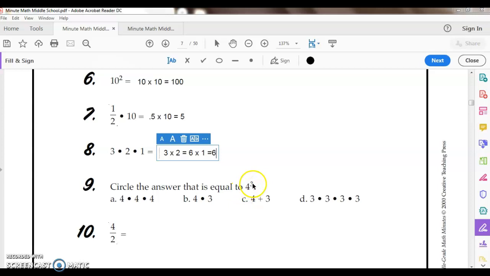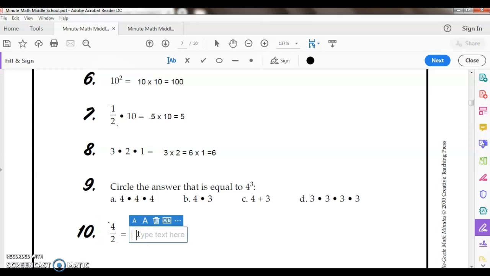So for this concept, because it's 3, that's cubed, so it's going to be this one, A, your answer. Pretty much that's your answer, because we're multiplying 4 3 times.